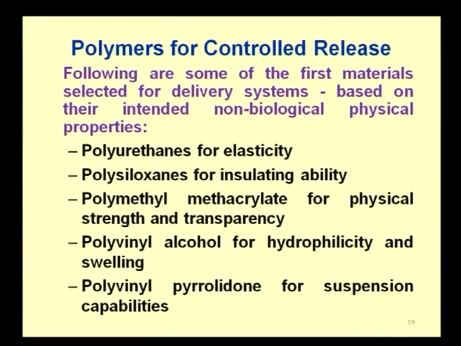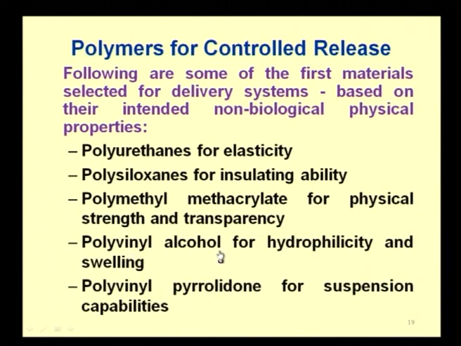Such polymers are polyurethanes, and they have been selected for their elastic property or elasticity. Polysiloxanes were chosen for the insulating ability. Polymethyl methacrylate was taken for the sake of physical strength as well as transparent character of the polymer.